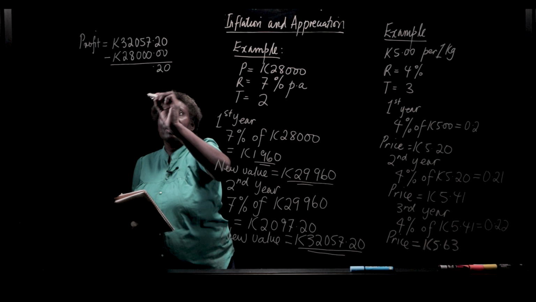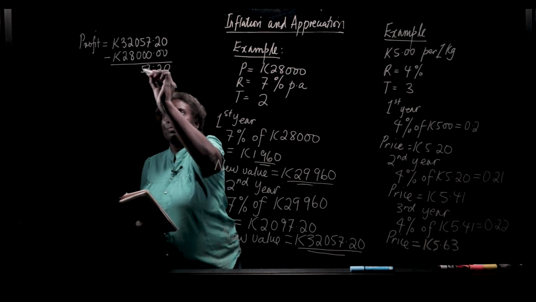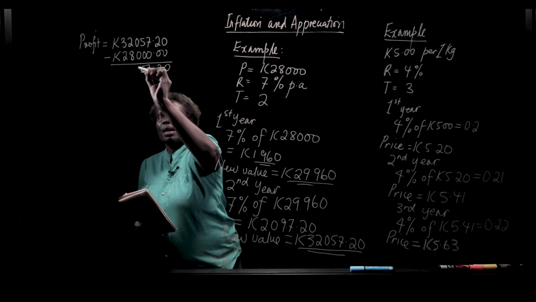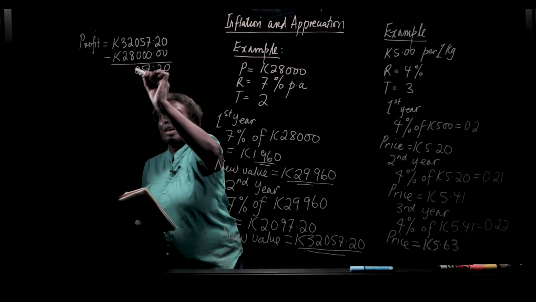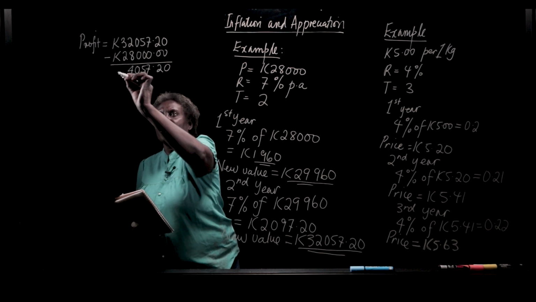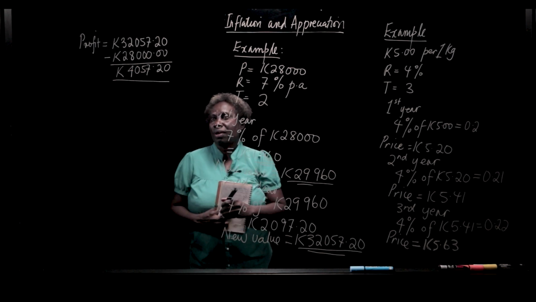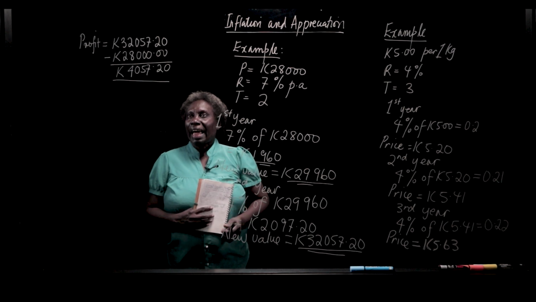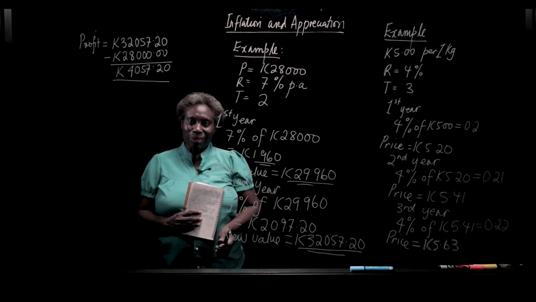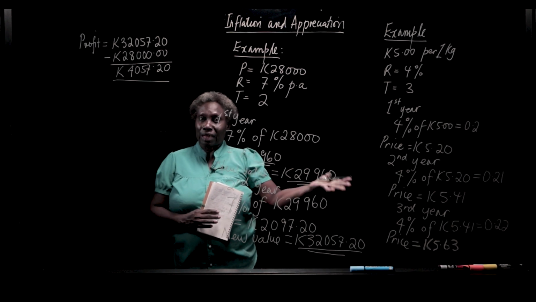So 12 minus 8 is 4. He will make a profit of 4,057 kina 20 toya. So we can see the difference between inflation and appreciation.